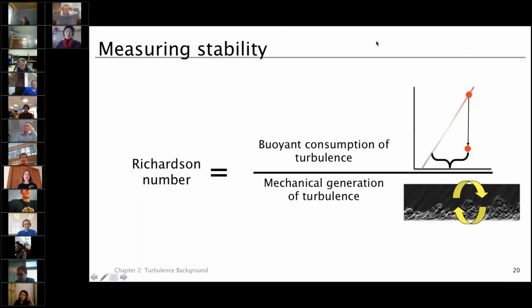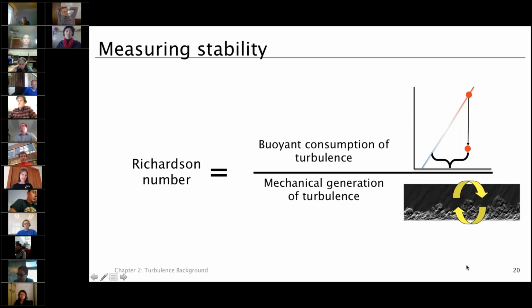And so we can define these competing processes in terms of something called the Richardson number. The Richardson number is basically a ratio of the buoyant consumption of turbulence, how much stability, warm air being over cold air, acts against turbulence, to the mechanical generation of turbulence.